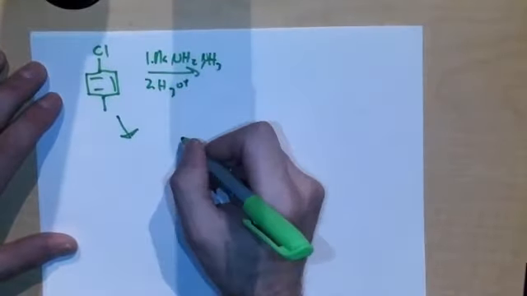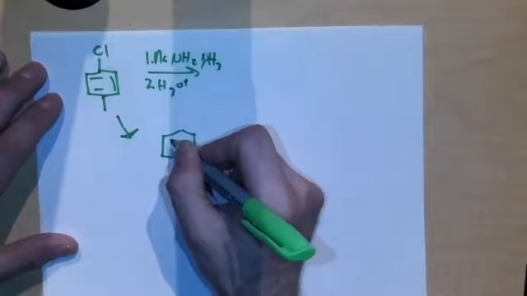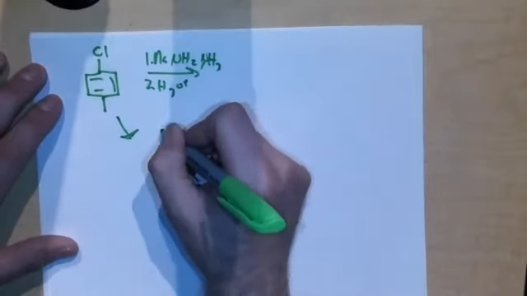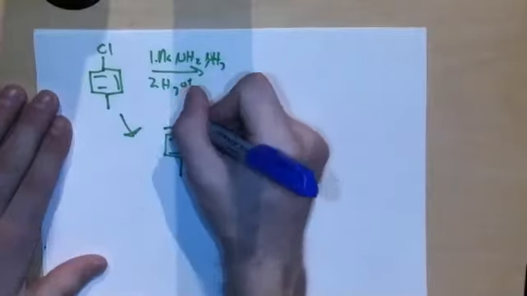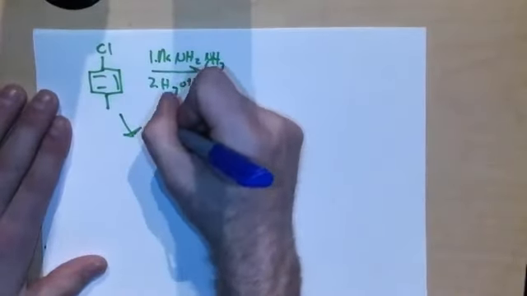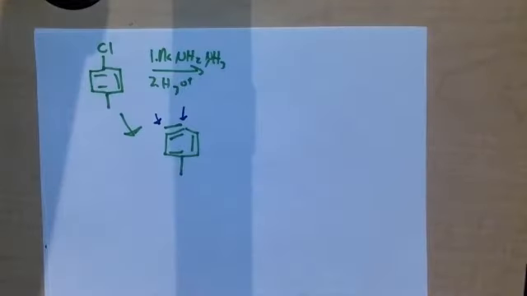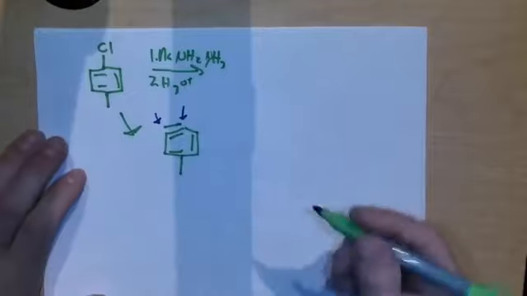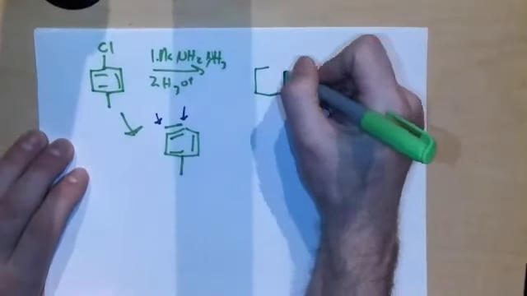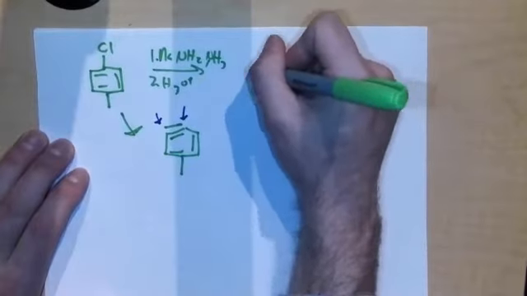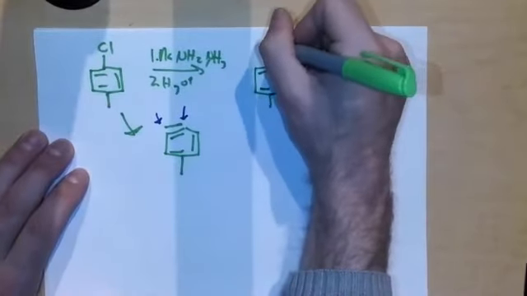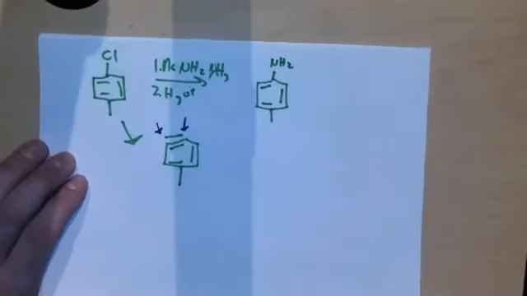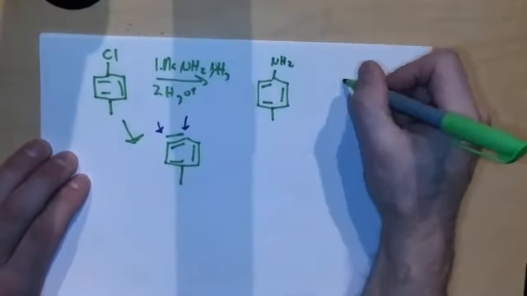now when I get this triple bond, I've got two distinct positions that my amine could come in and attack. It could either come and attack here or here. They both will lead to a product. So I can either get my amine to be para or meta.